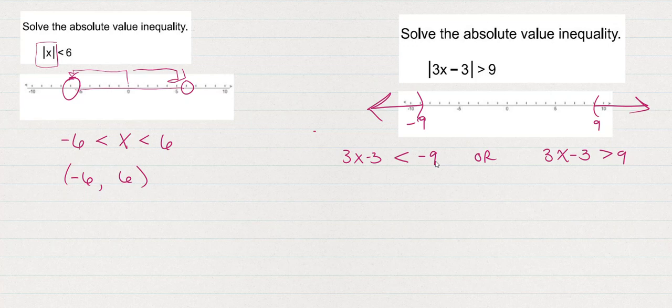That piece inside the absolute value, the 3x minus 3, has a distance from 0 that's more than 9 units. So it would be less than -9 or greater than +9.